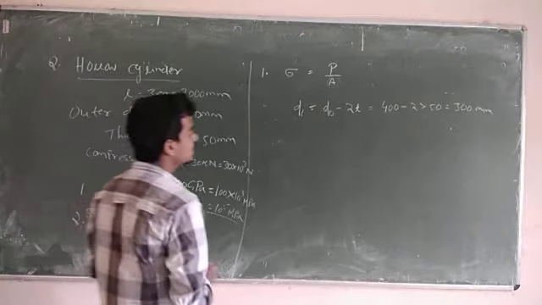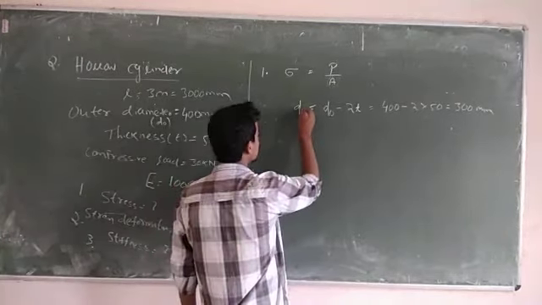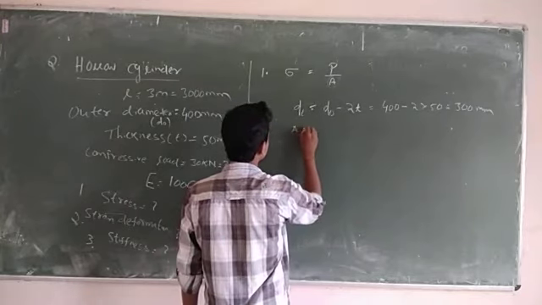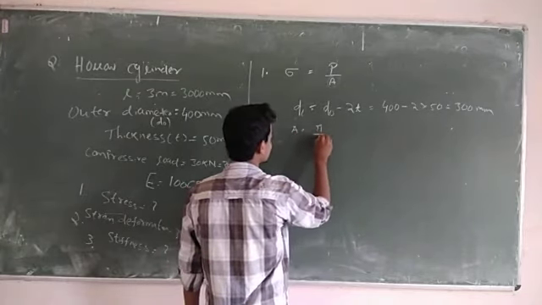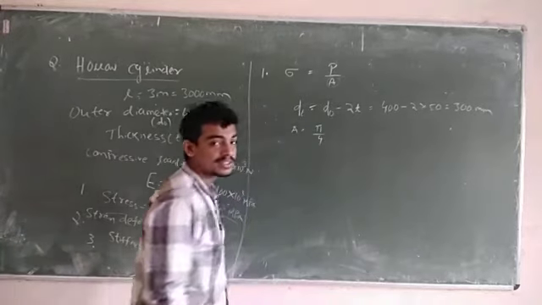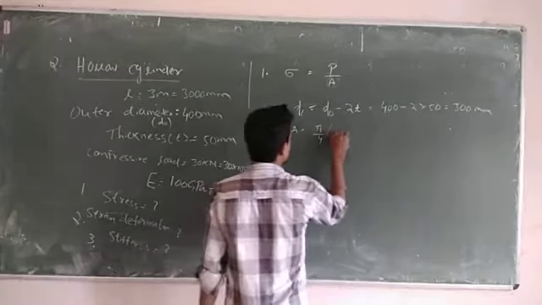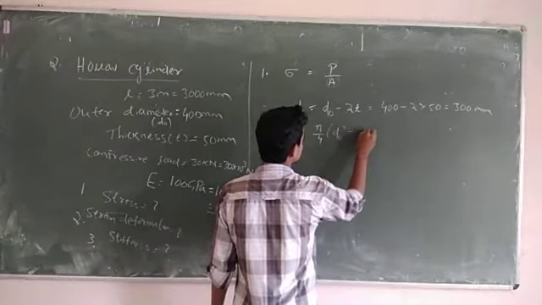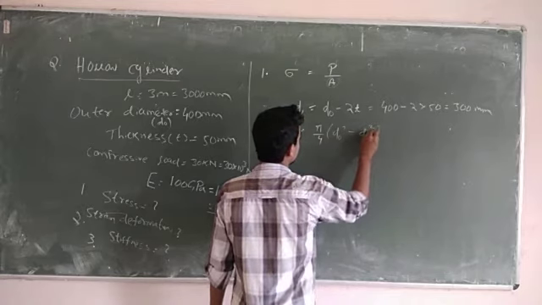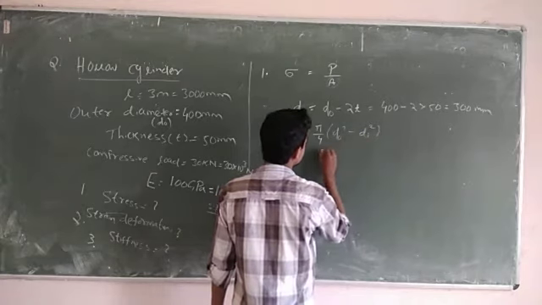So now you have to calculate the area because you already found the inner diameter. What is the cross sectional area of a hollow cylinder? Pi by 4 into outer diameter square minus inner diameter square, because it is cross sectional area.